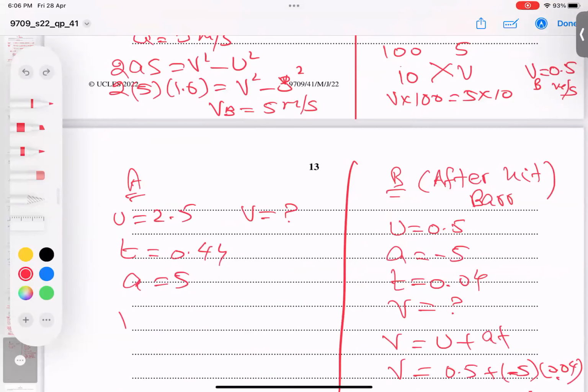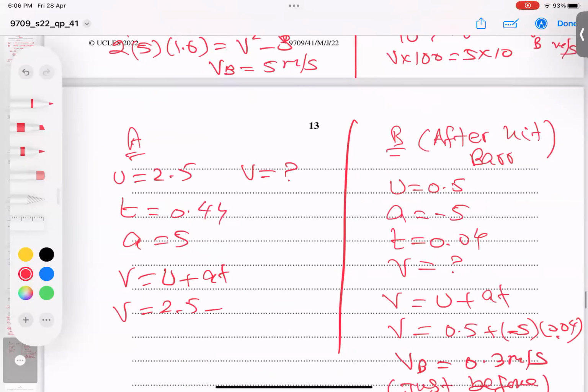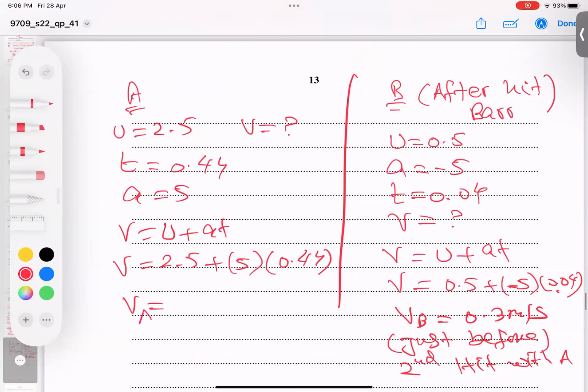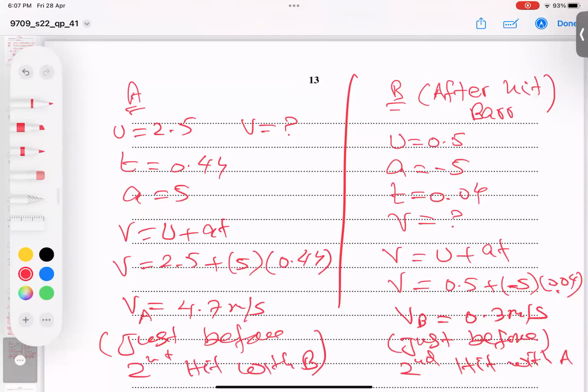So V equals U plus AT, where V is the question mark, U is 2.5, acceleration is 5, and time is 0.44. I typed in the calculator, and the velocity of A is 4.7 meters per second just before the second hit with B. This is also clear.